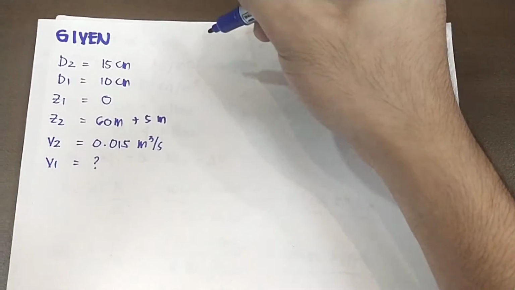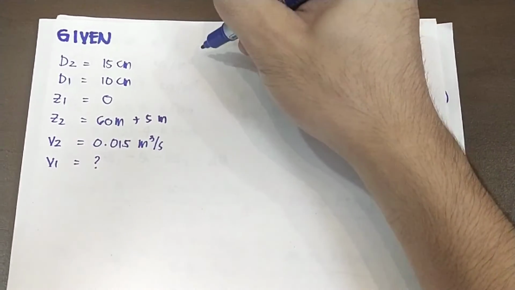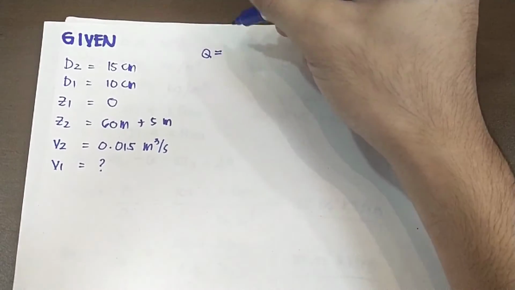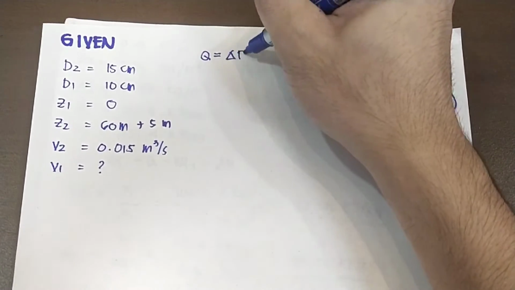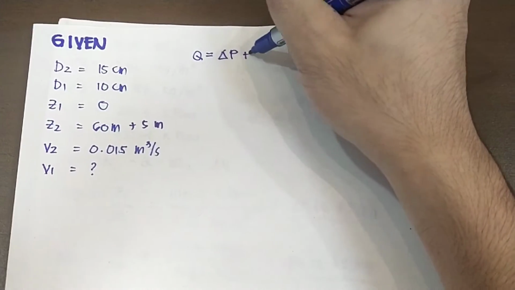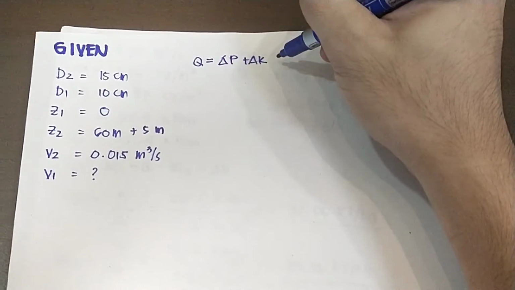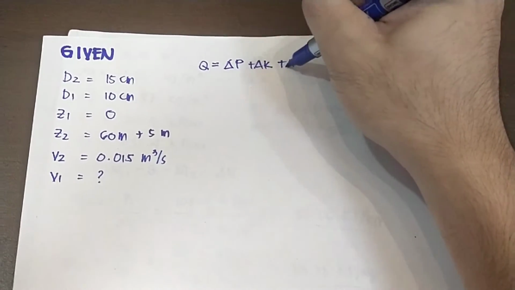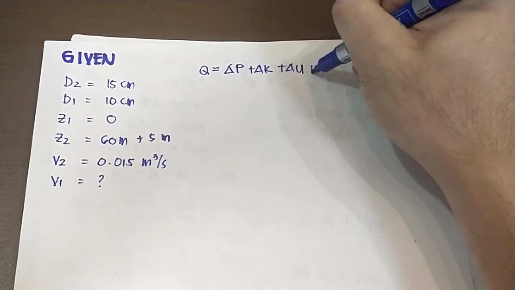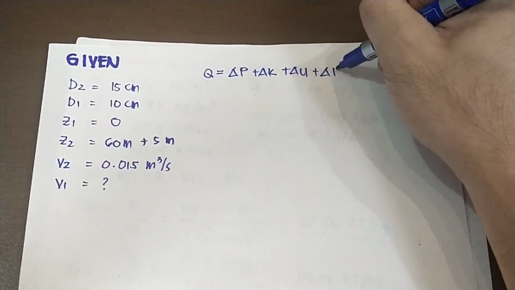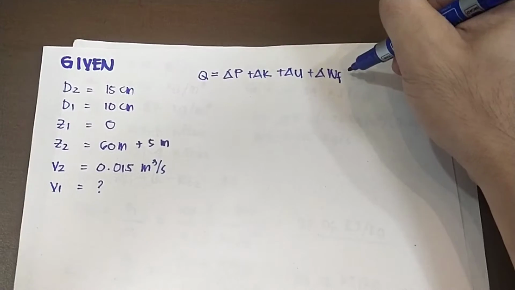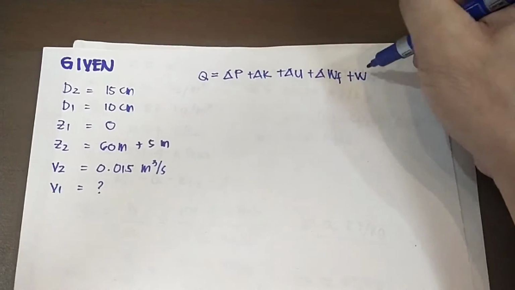And our equation here is Q equals the change of potential energy plus the change of K plus the change of U plus the change of the flow work plus the shaft work.